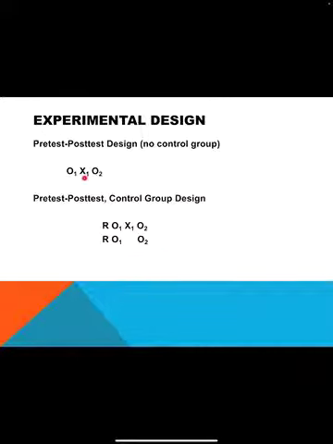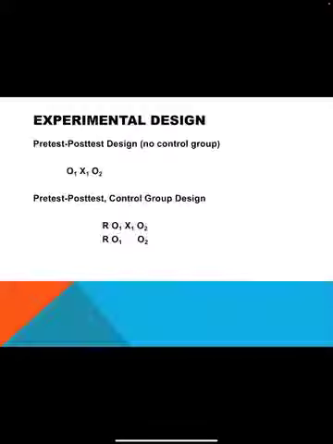That's our intervention or manipulation. And then that's our post-test. So it's a pretest, intervention, post-test design. How do we know there's no control group? There's only one group because there's only one line. So that's how we know that there's no control group.